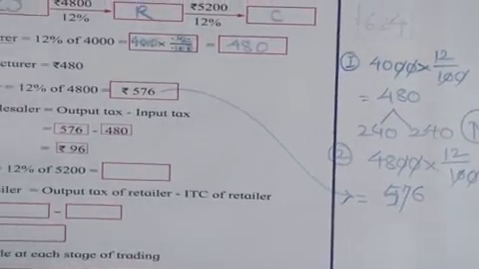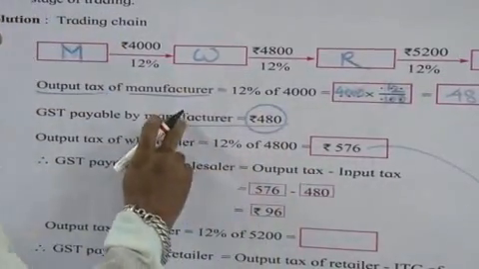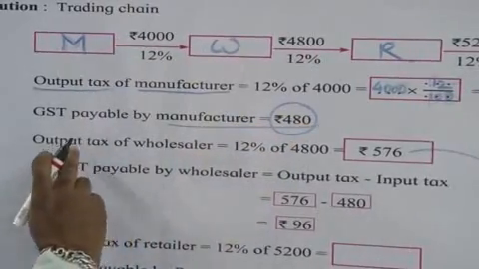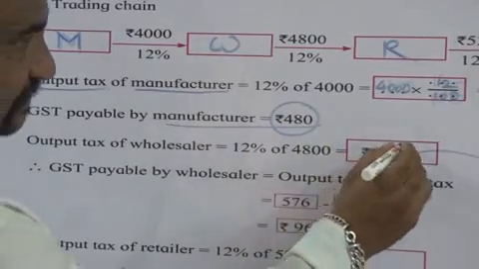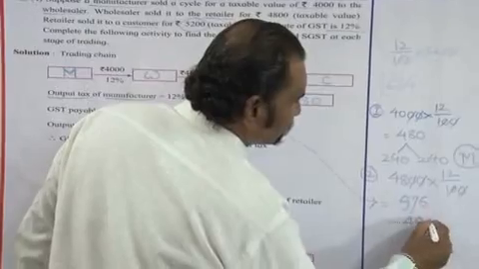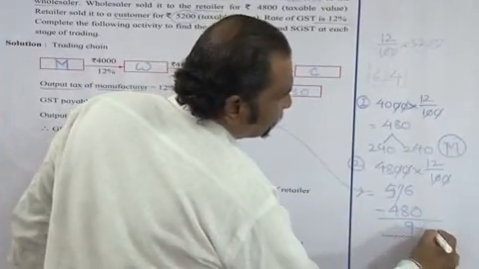But what happens now? GST payable by the manufacturer, this amount is already paid by the manufacturer on the same product. Now the output tax of the wholesaler is 576. Therefore the difference is 576 minus 480, that is 96 rupees.